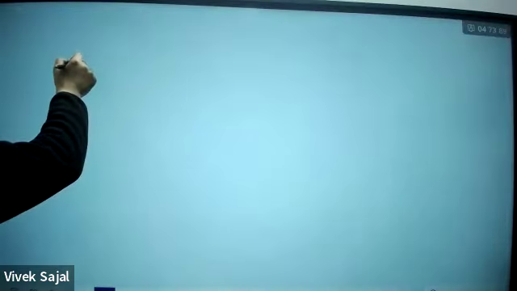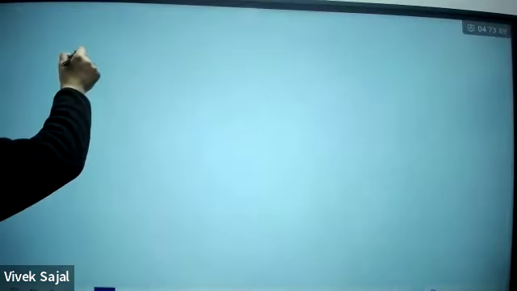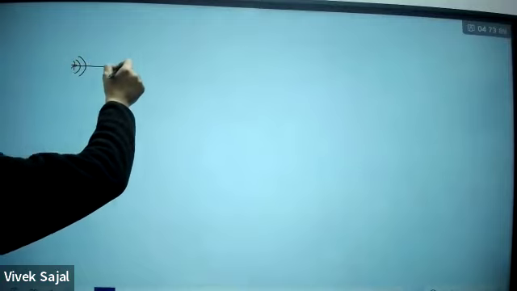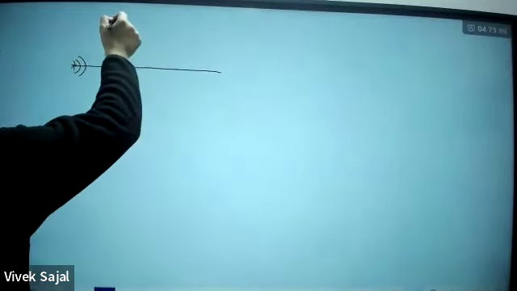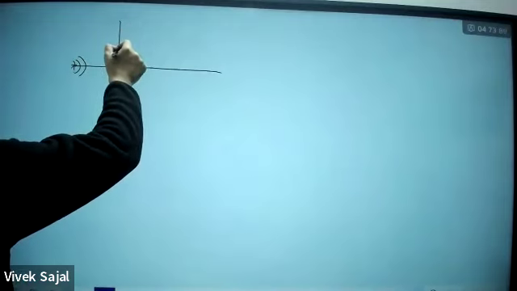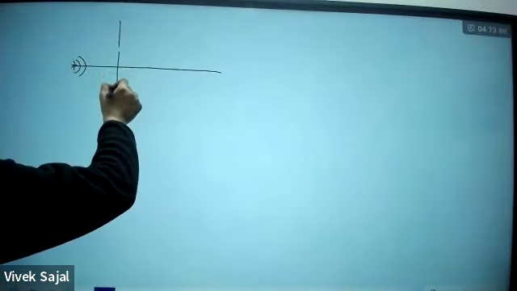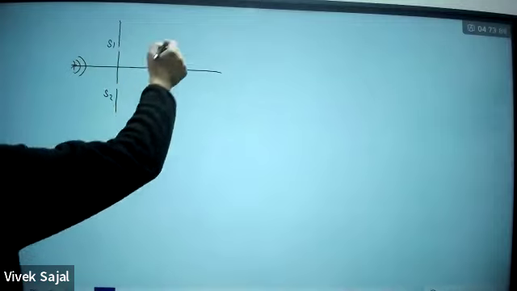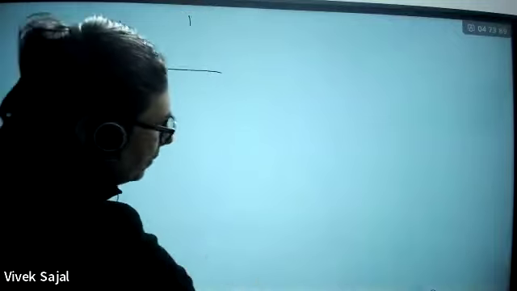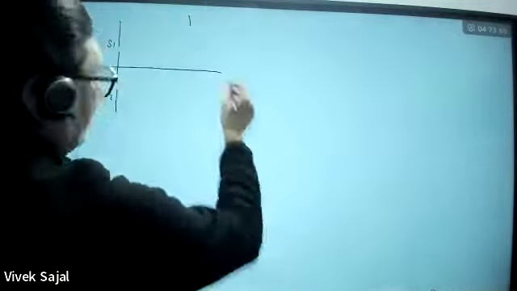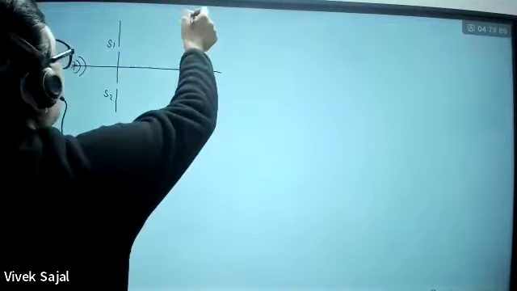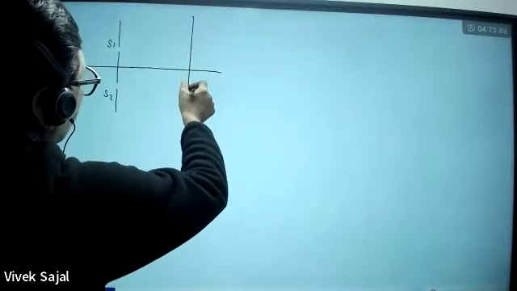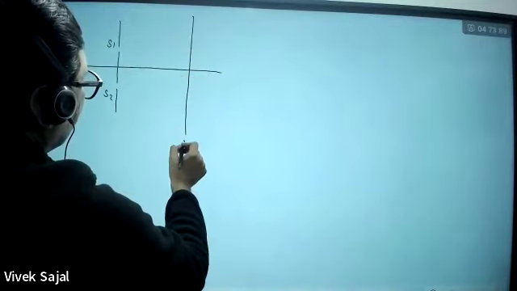Before that, can you tell me one more thing? This is my source, and this is also important. I'm having two slits here, S1 and S2, and we are having a screen here.